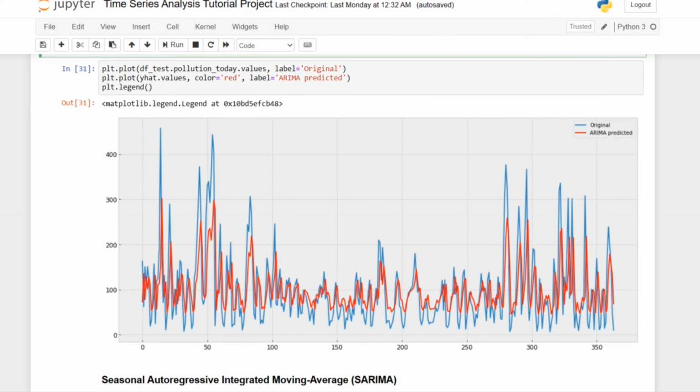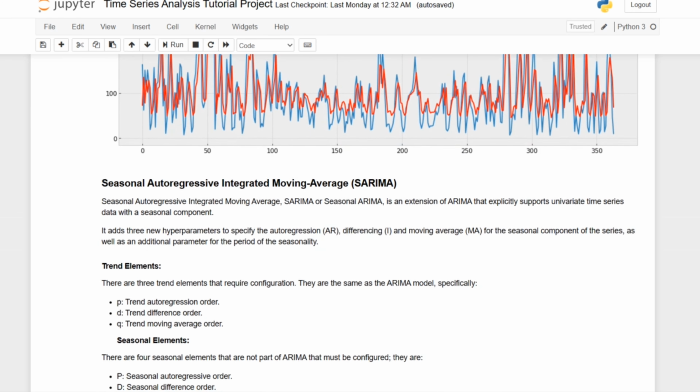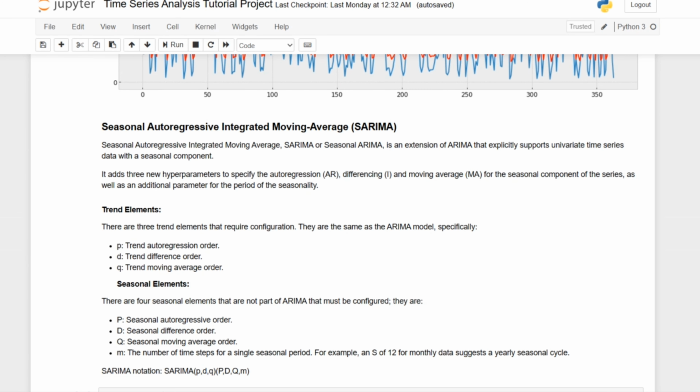I don't find much difference. So let's go forward with another model, which is called the seasonal autoregressive integrated moving average, SARIMA. Seasonal ARIMA is an extension of the ARIMA model, guys, except that we can include data with seasonality.